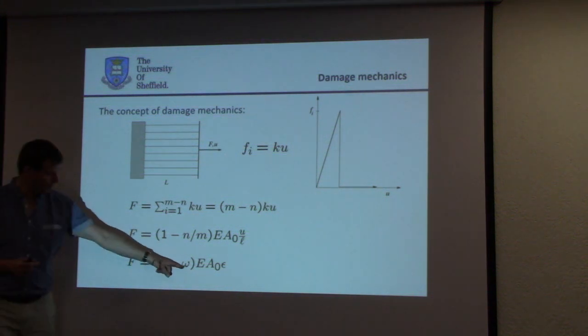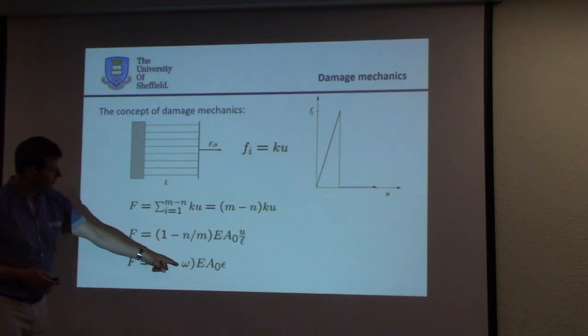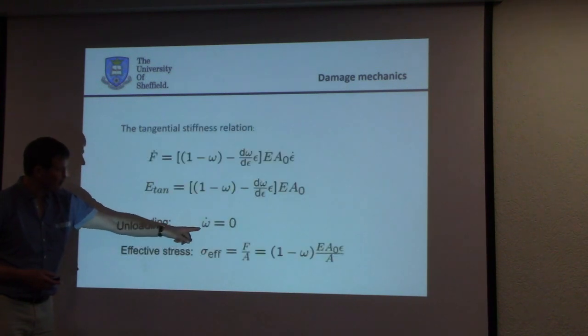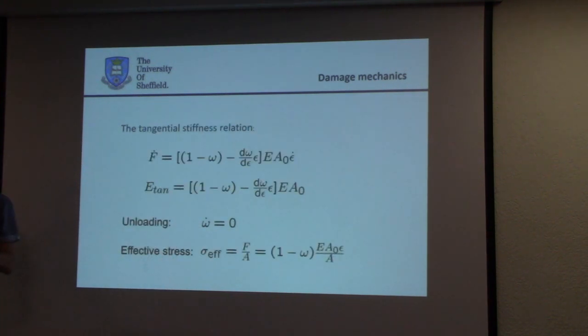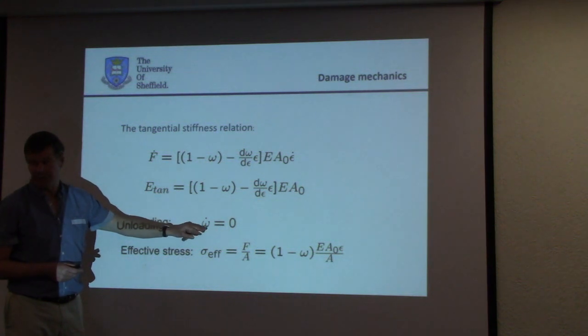So this omega has the role of a history parameter, which memorizes the amount of damage that has taken place in the past. So in case of unloading, omega doesn't change. So the rate of omega is 0. But when we have loading, omega increases.